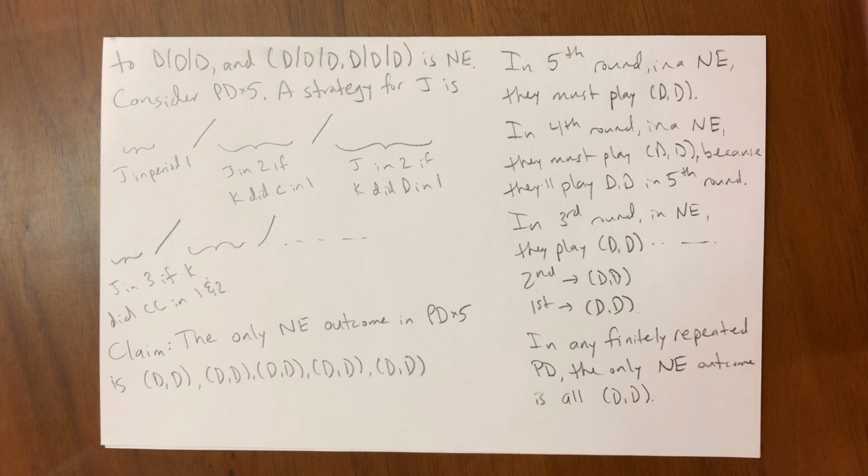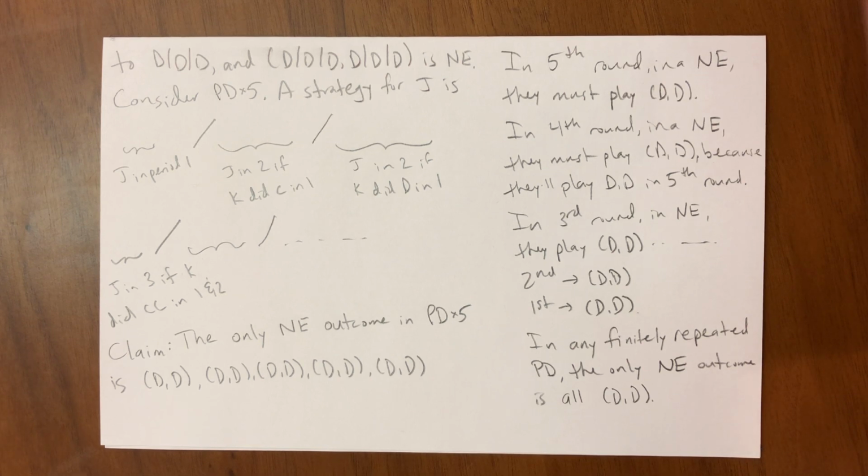In the fifth round of our prisoner's dilemma that will be repeated 5 times, they have to play DD. Well, if you have an infinite number of rounds, you don't have to worry about a last round. There's always an infinite number of rounds left to play at any given moment.